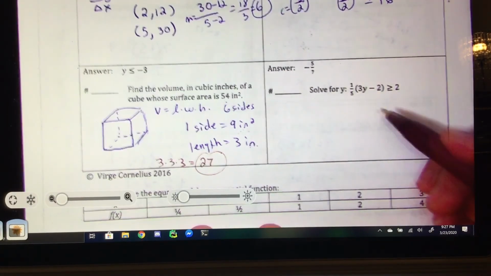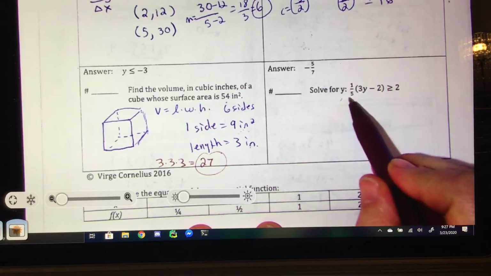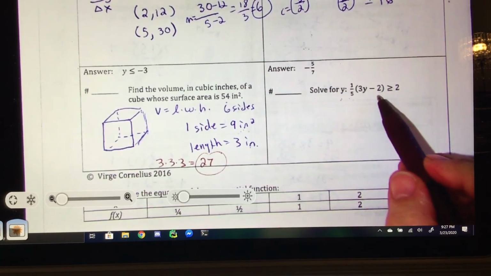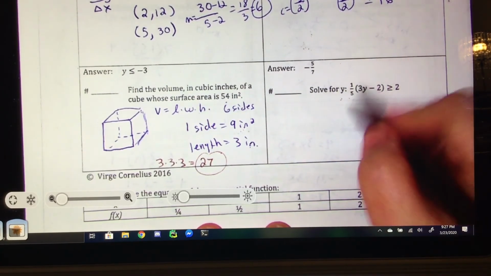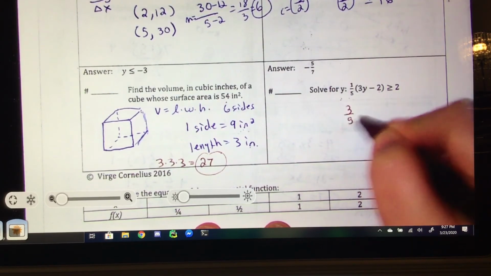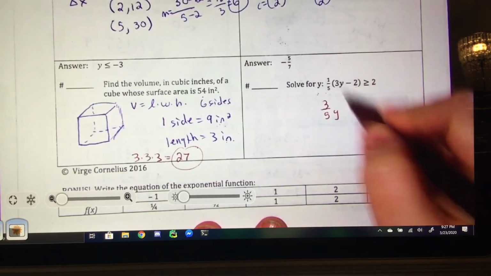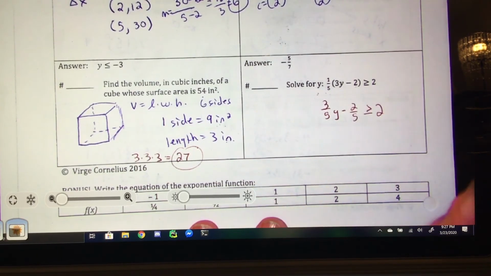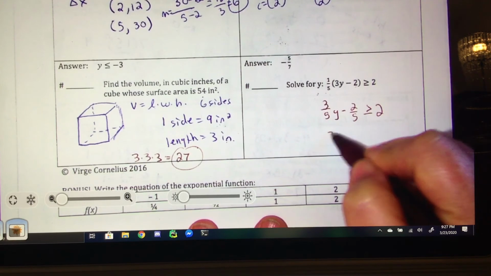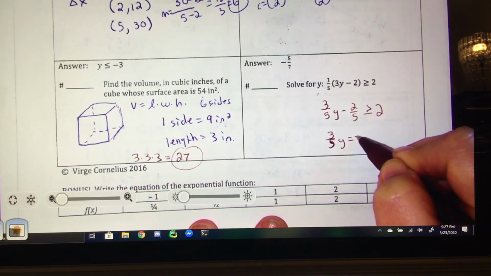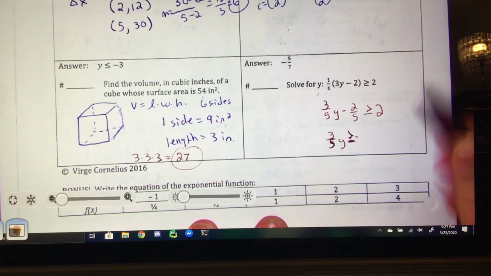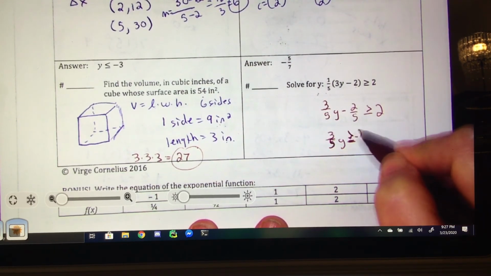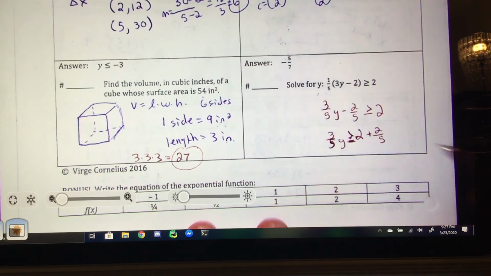And then the last one, solve for y, just multiply the 1/5 through. So this would give me 3/5 y minus 2/5 is greater or equal to 2. Add 2/5 to both sides gives me 3/5 y is greater or equal to 2 plus 2/5.